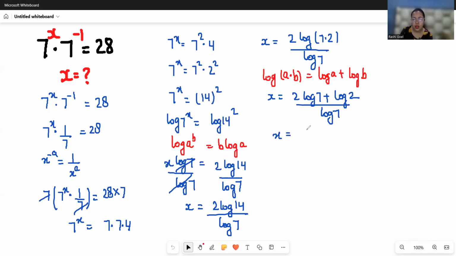So x equals 2 log 7 by log 7 plus 2 log 2 by log 7. So this will cancel out. So x equals 2 plus log 2 with base 7.